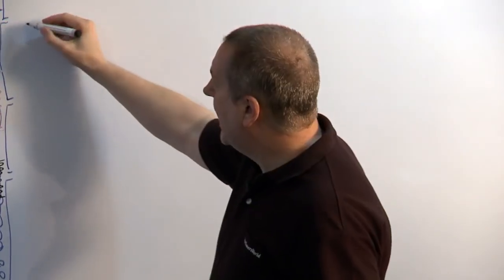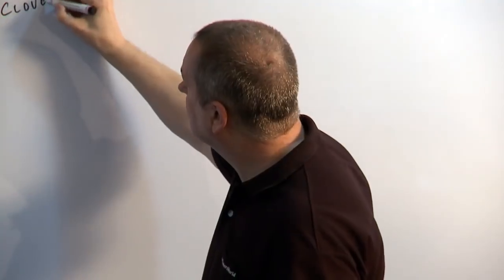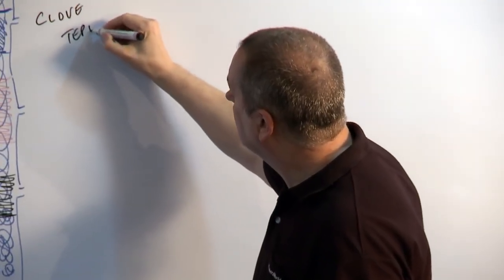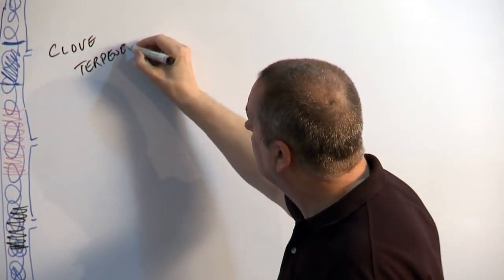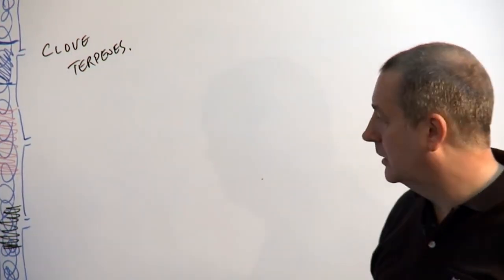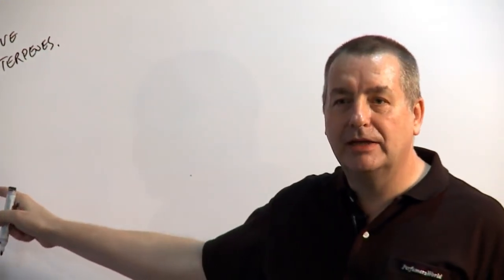This band would be the clove terpenes. This band in the middle would be something called the alcohol of clove oil. Anybody know the scientific name for clove? Eugenia.